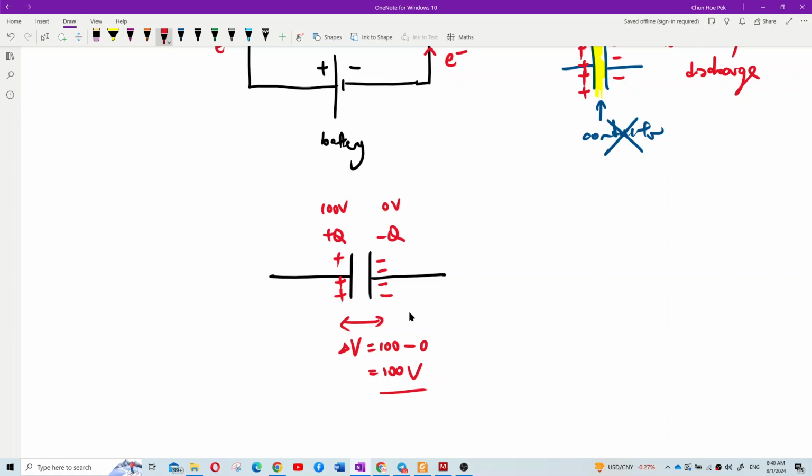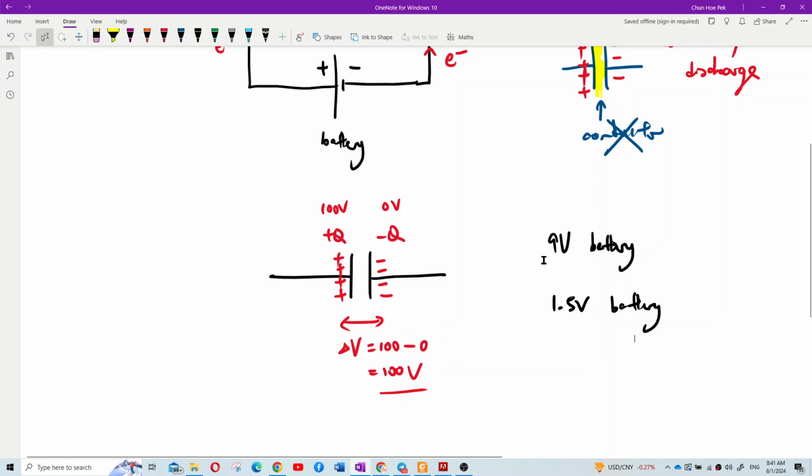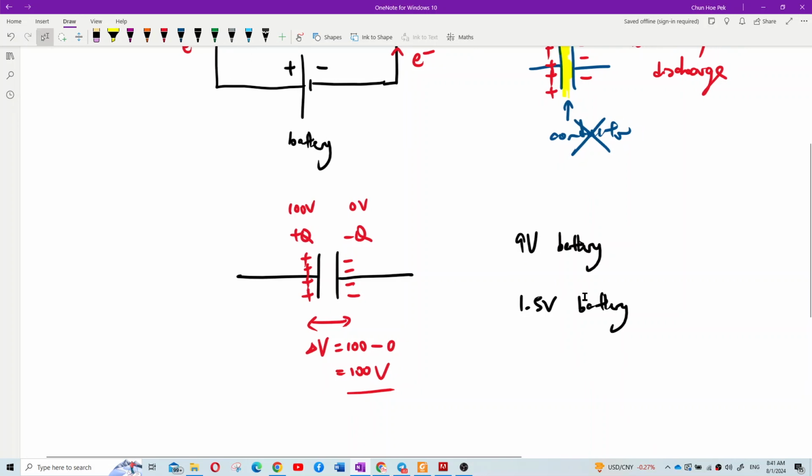So when the capacitor is being charged, it builds up a potential difference between the two plates. Like your battery: you have a 9 volt battery, a 1.5 volt battery. What does 9 volt and 1.5 volt mean?